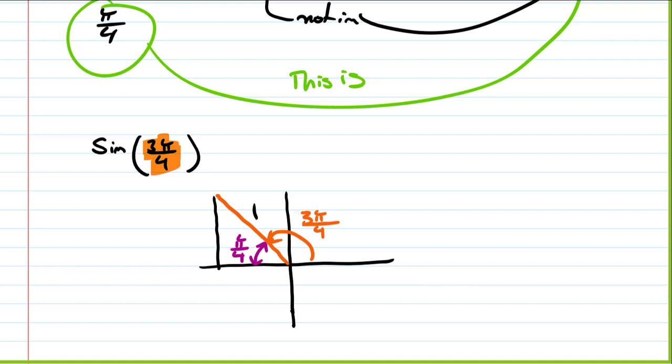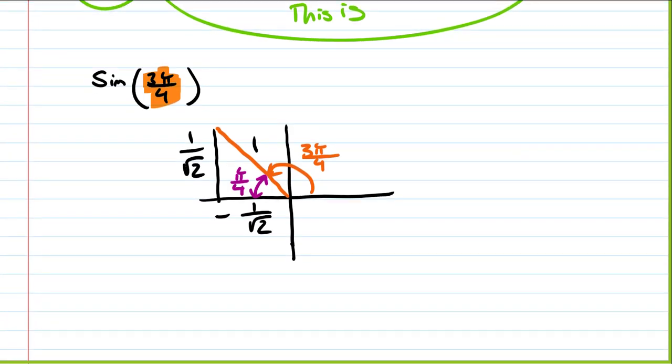So if that's the case, that's one of our special triangles. 1 over the square root of 2, this because we're in quadrant 2. So then we get pi over 4, but that's outside of our range.